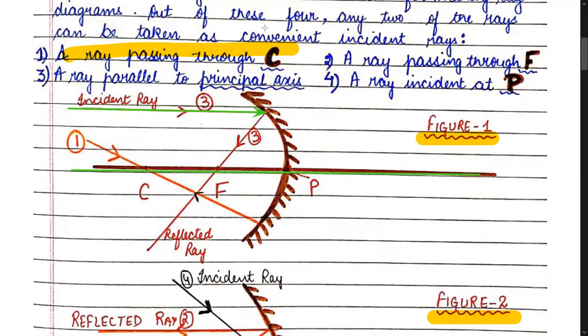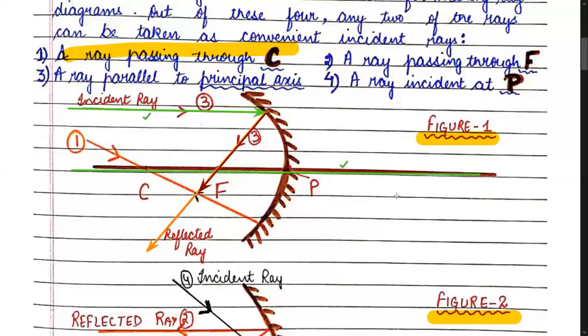After striking the mirror, it gets reflected such that it passes through the focus point. So the ray parallel to the principal axis will strike the mirror and the reflected ray will pass through the focus point.